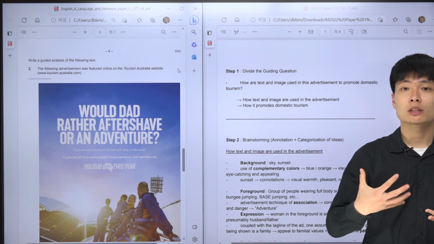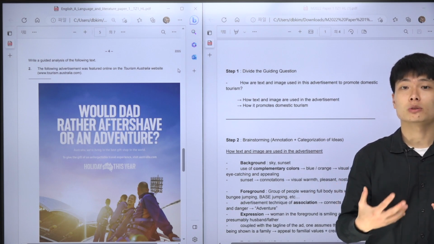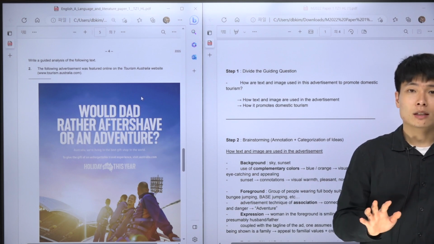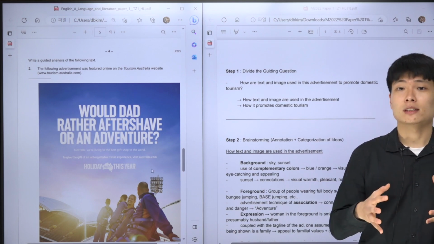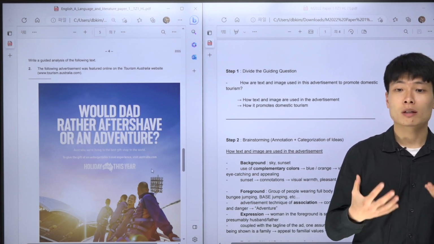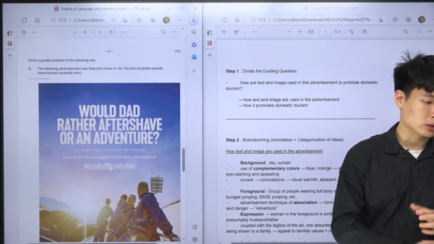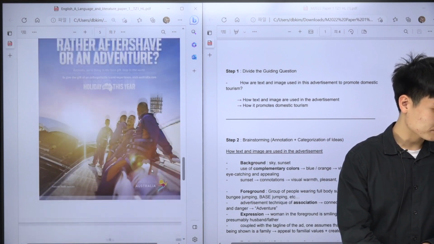So we are going to be using our knowledge of visual elements, but at the same time, that doesn't mean that we're going to just ignore the textual devices that are being used here as well. Whatever our response is going to be, it will be a mix of these two types of features.